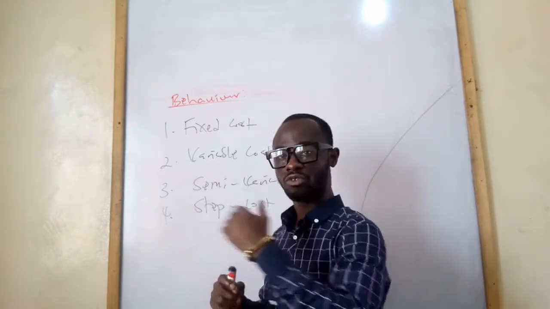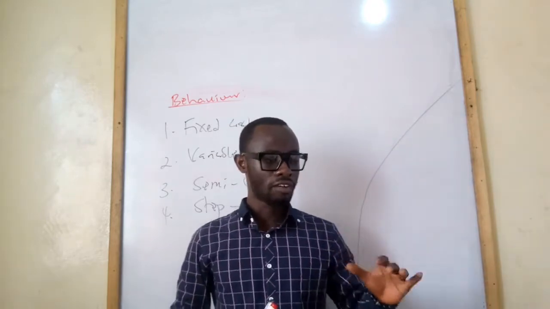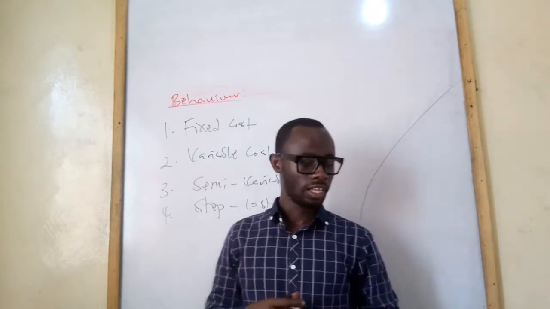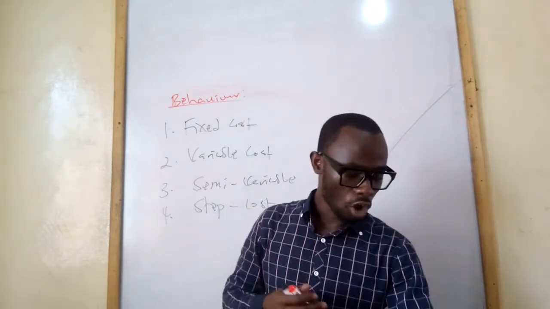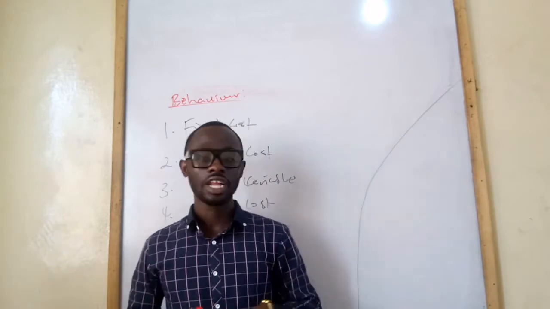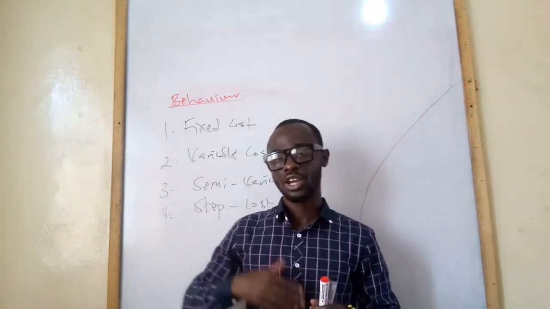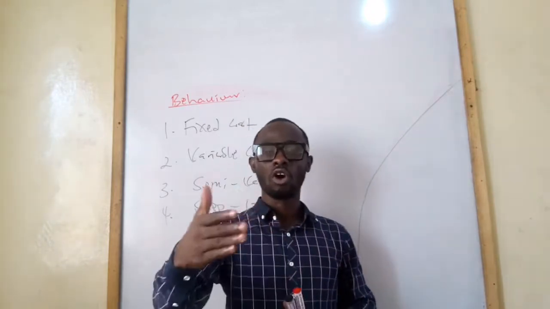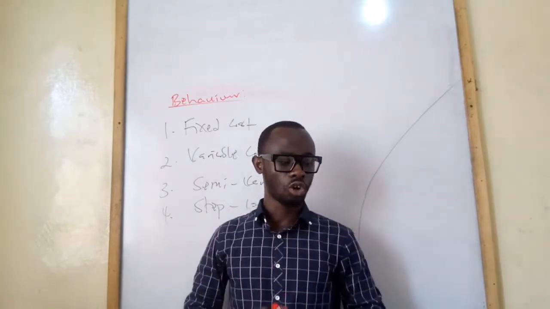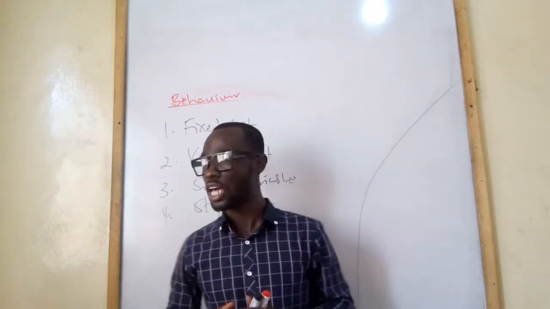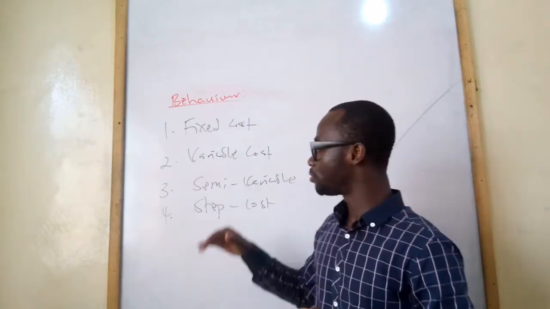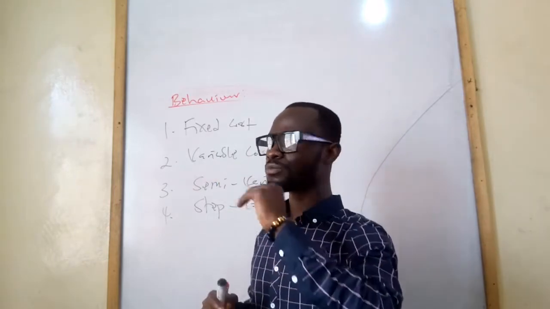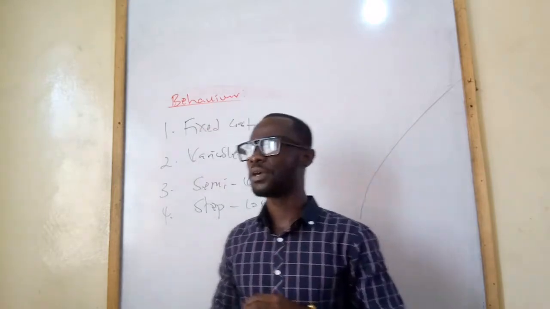The salesman salary is also a semi-variable cost because the fixed component is the basic salary that you give to the salesman, but the variable component is the commission that is provided on every sale that a salesman makes. And then cost of running a car. The fixed component will be the road tax you pay and then the insurance that you pay on the vehicle. But the variable cost will be the cost of petrol, cost of repair in relation to that. So that is what you must understand when it comes to semi-variable cost.